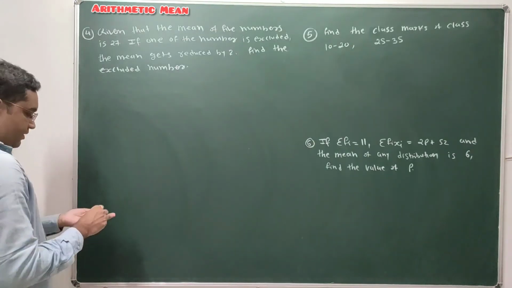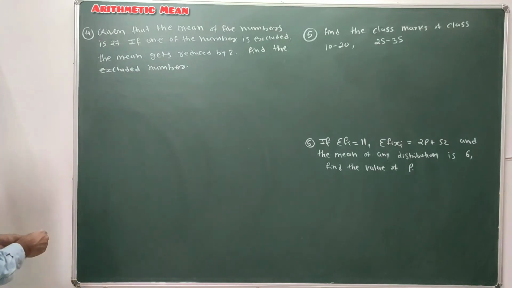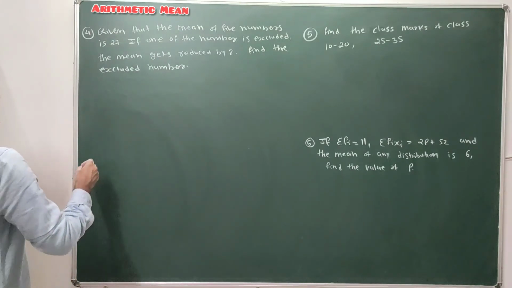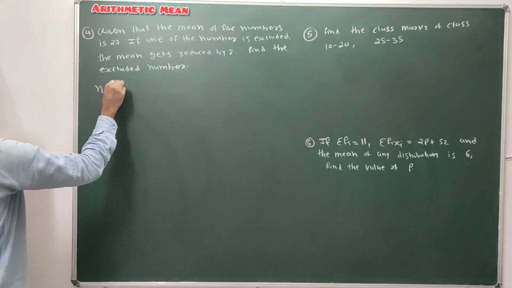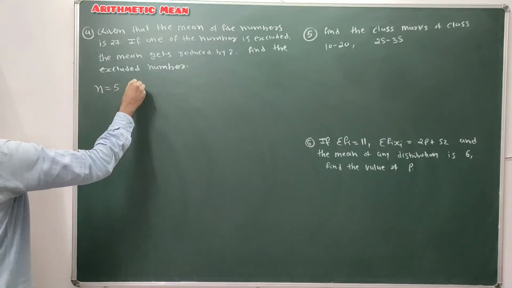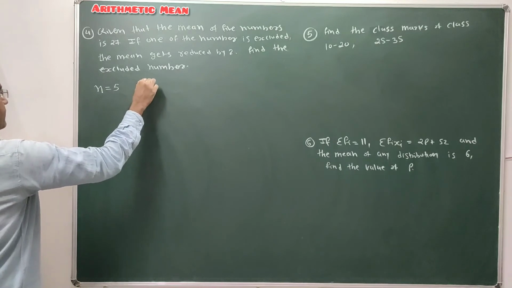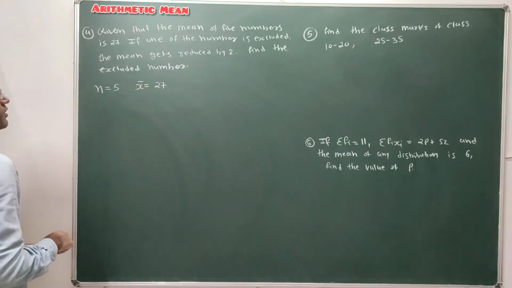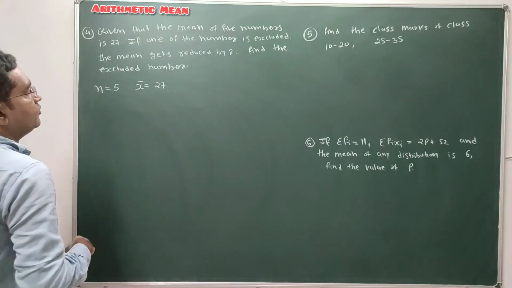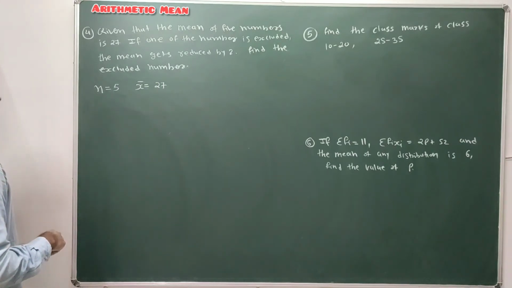Okay friends, now question number 6. Given that the mean of 5 numbers is 27. So the number of observations is 5 and the mean of those 5 numbers is 27. If one of the numbers is excluded, the mean gets reduced by 2. Find the excluded number.